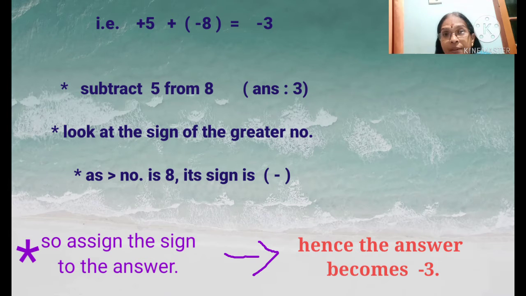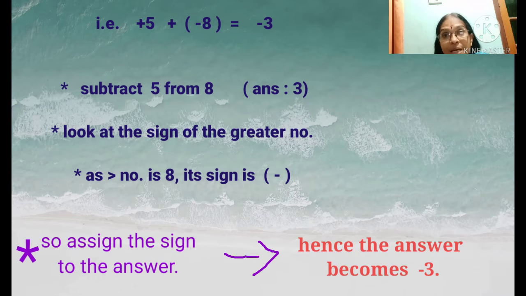Then look at those numbers and find which number is greater. Forget about the signs. Just find out which number is greater, and to the answer, give the sign of the number that has the greater value.